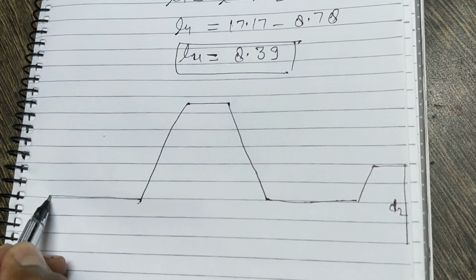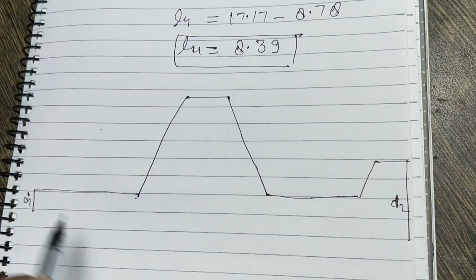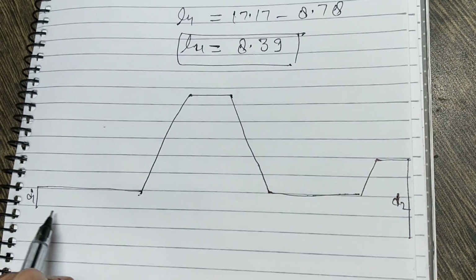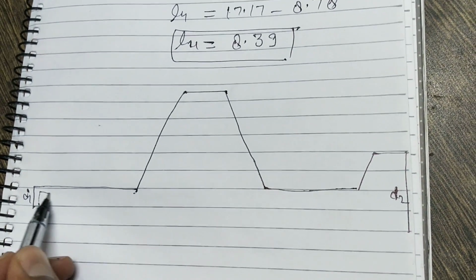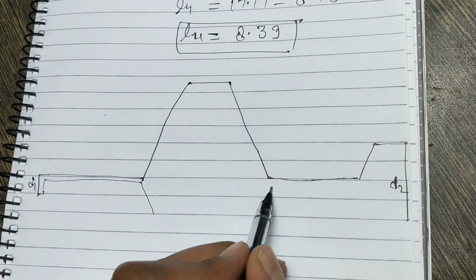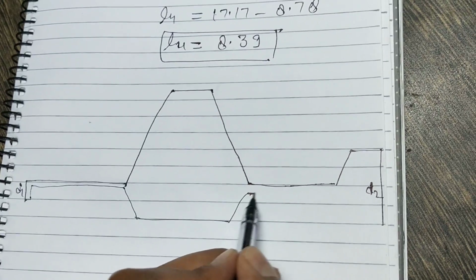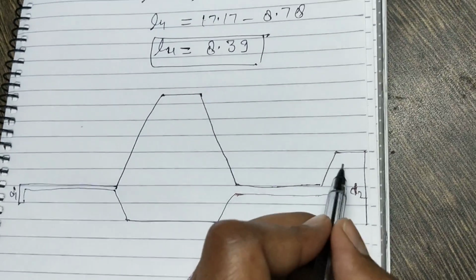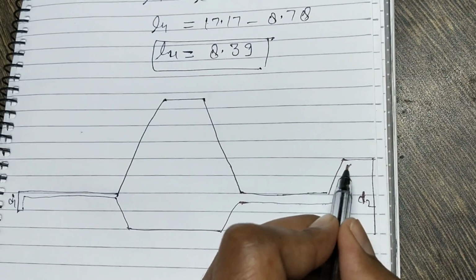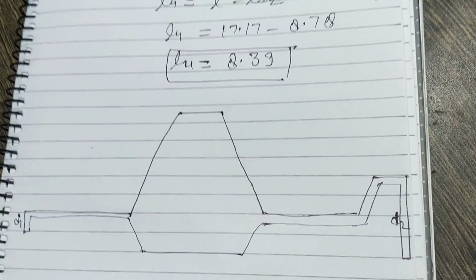This is the upstream cutoff, this was D1, and we will also draw a diagram like this. You can make the diagram like this in the exam.